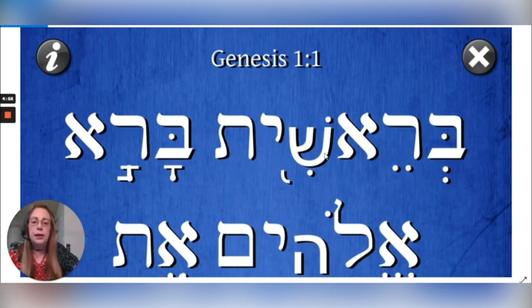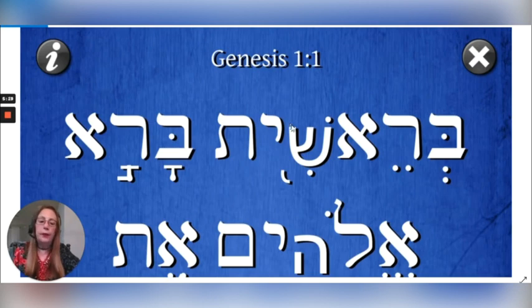And this looks like an English W, but it's called a sheen. And it has a little dot up on the top. That's what makes the sound sheen. If the dot was on the other side, on the left side, it would have the sound s.